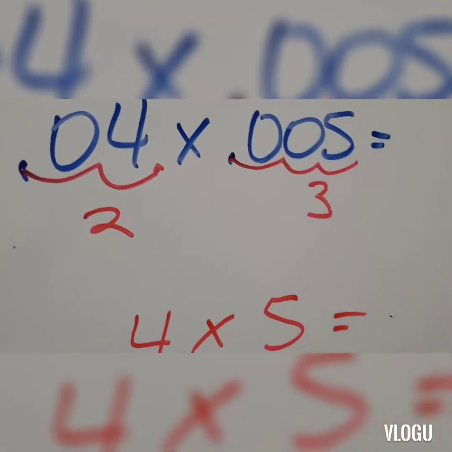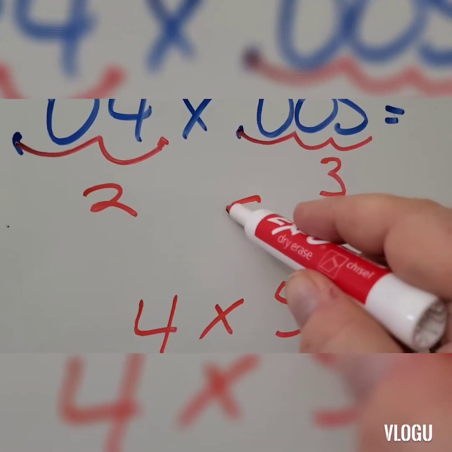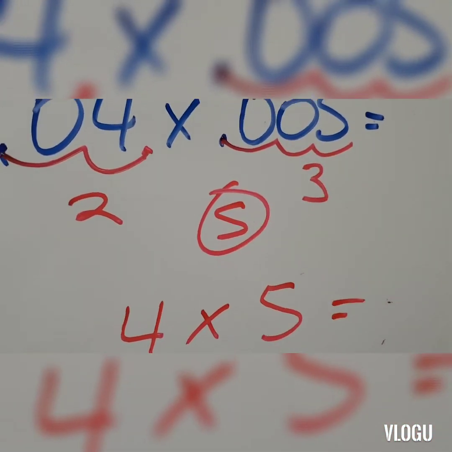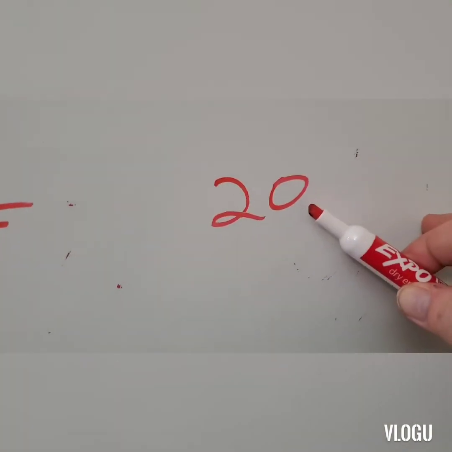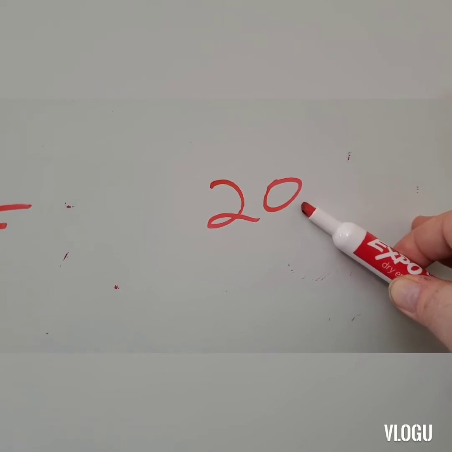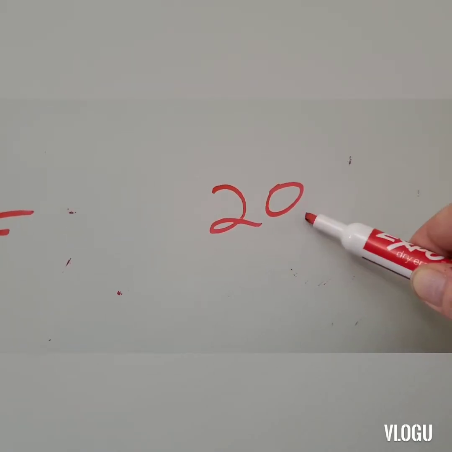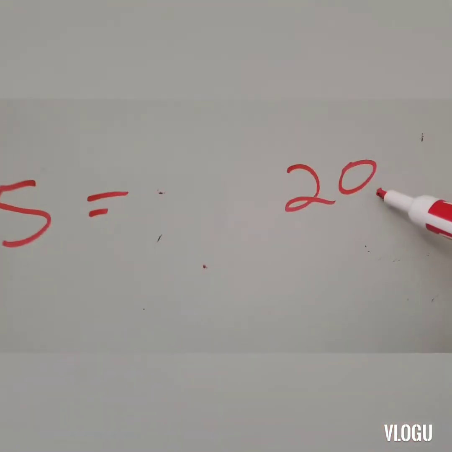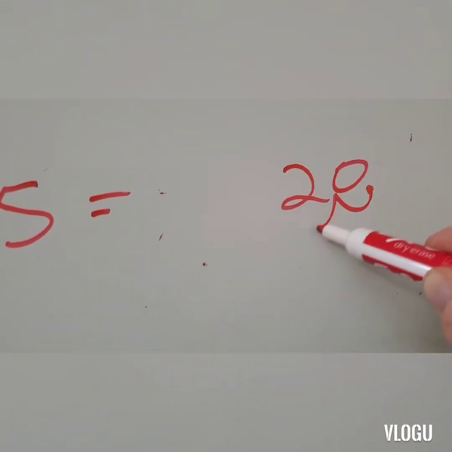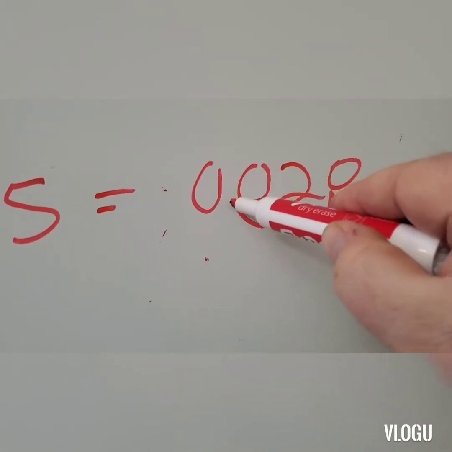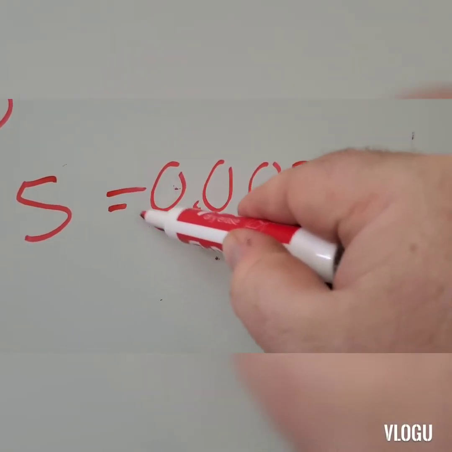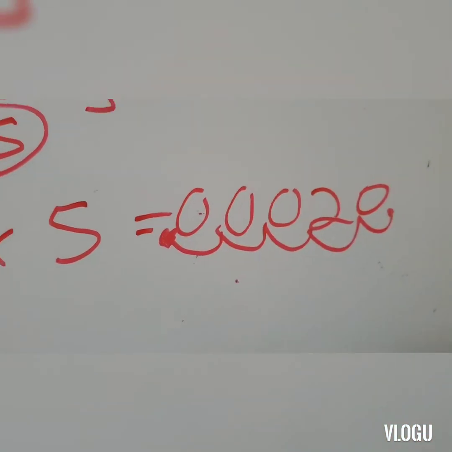But we have to slide our decimal 2 plus 3, 5 spots back in. For my number 20, my decimal lives here. That's where I'm going to start our dance back into the problem. 5 places. 1, 2, 3, 4, 5.